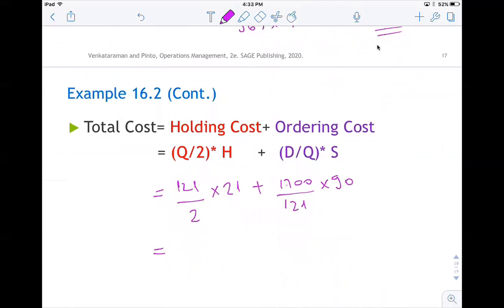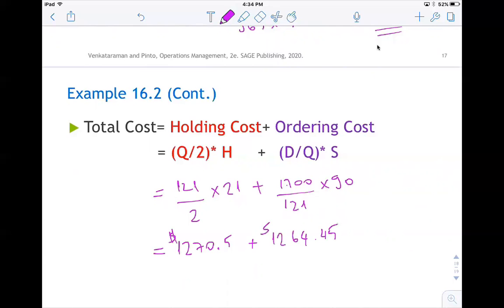So if you calculate them separately, you see that this is 1,270.5 plus 1,264.45.